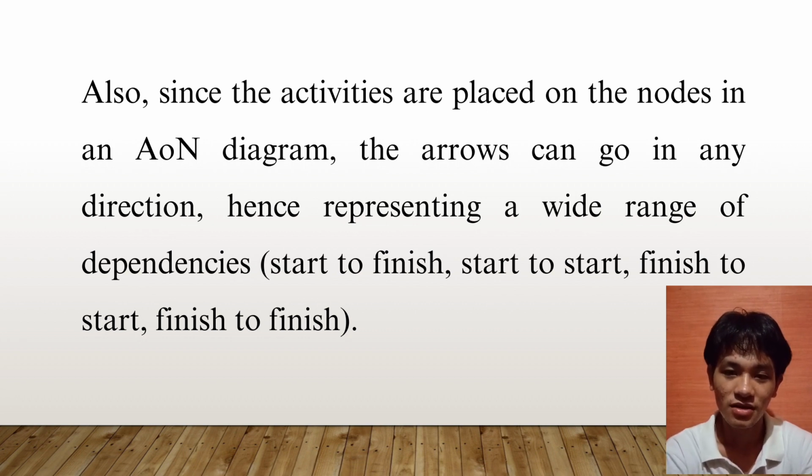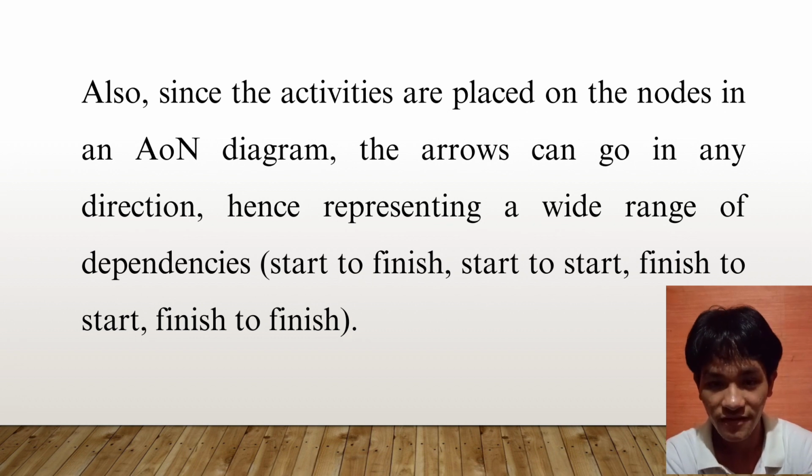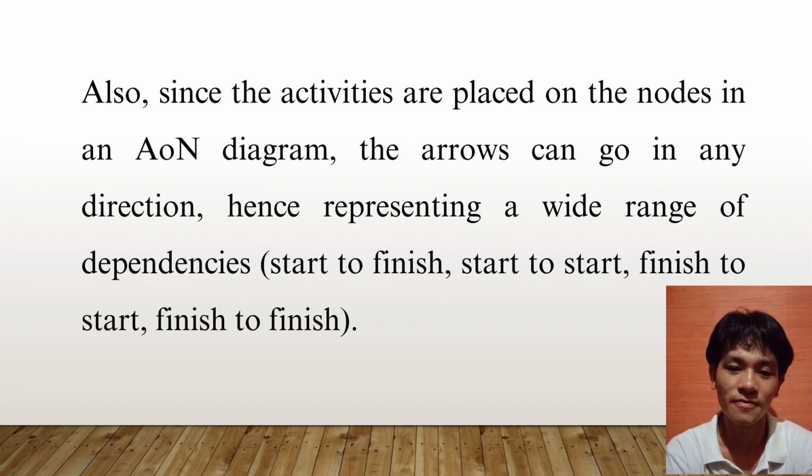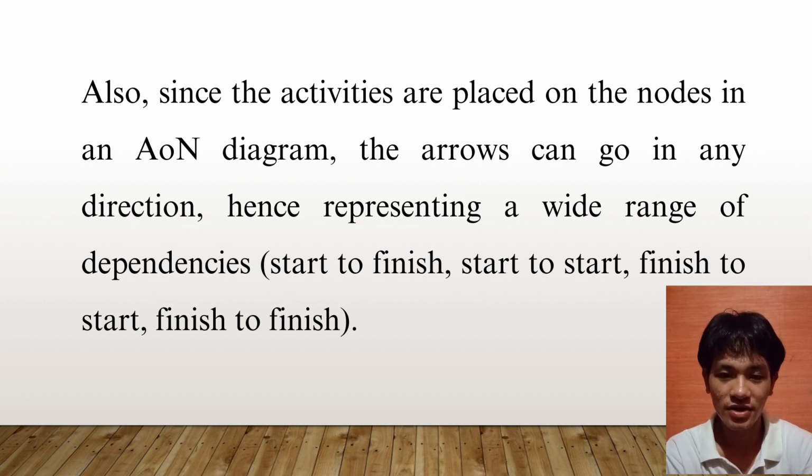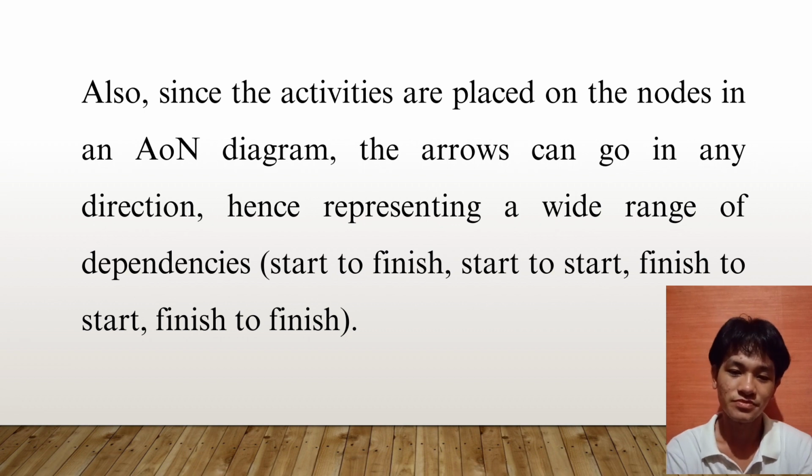Critical path: one of the key advantages of AON diagrams is their ability to identify the critical path in a project. The critical path is the longest path through the network and determines the minimum amount of time required to complete the project. Activities on the critical path have zero slack, meaning any delay in these activities will directly impact the project's overall duration.